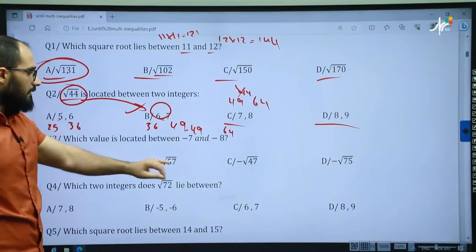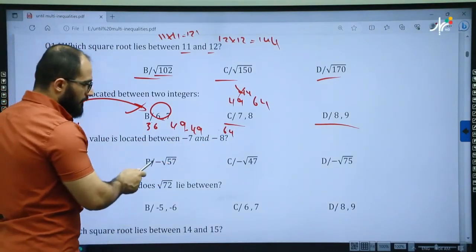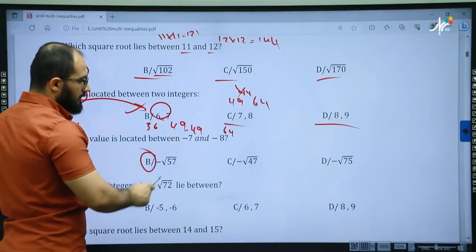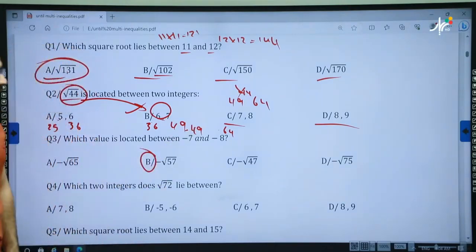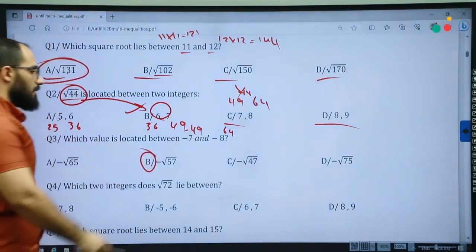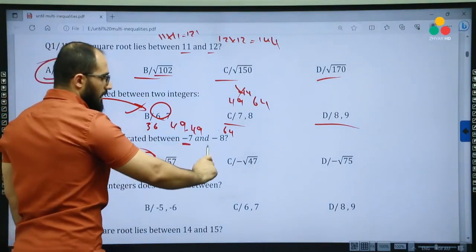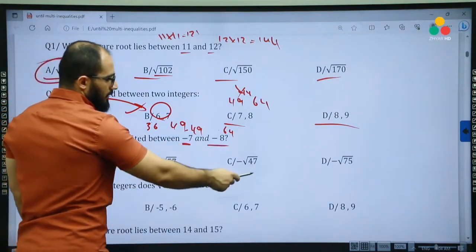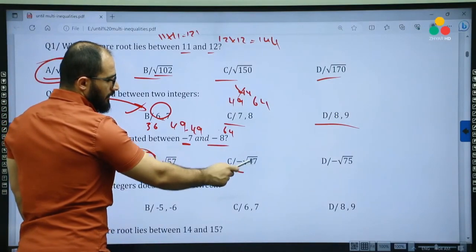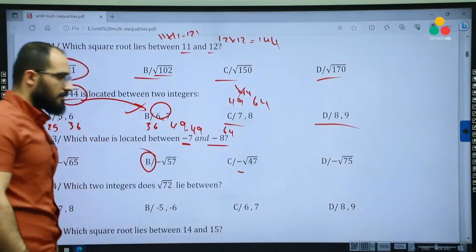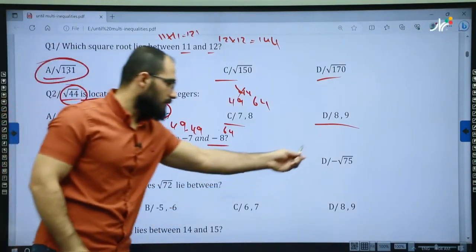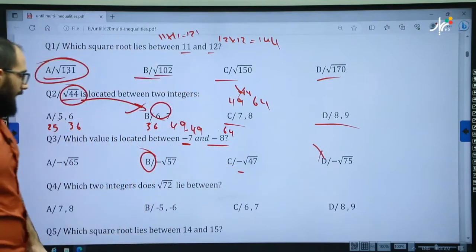Then 57, the correct answer is 57. Negative 57 is located between negative 49 and negative 64. That's why it's between negative 7 and negative 8. C is negative 47, which is less than 49. That's why I did not choose it. And also, this one is not the correct answer.